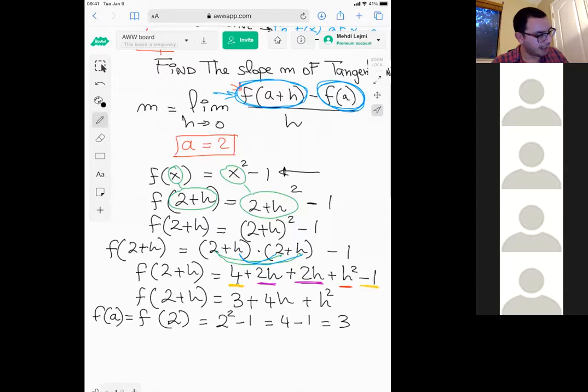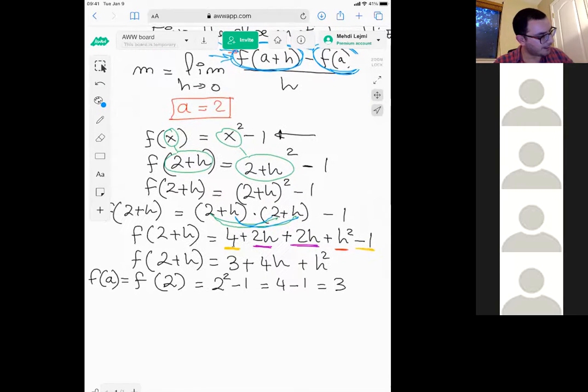I have my f of a plus h. I have my f of a. And then I have to compute the limit. So let's compute this limit. We can compute m. So m would be the limit, h going to 0.